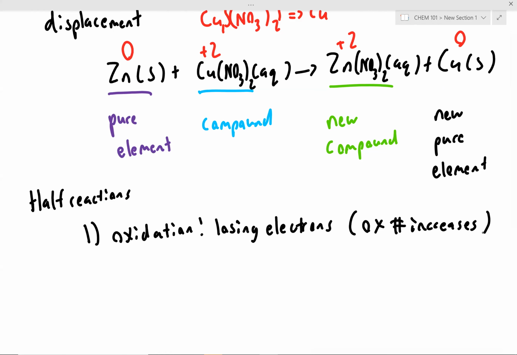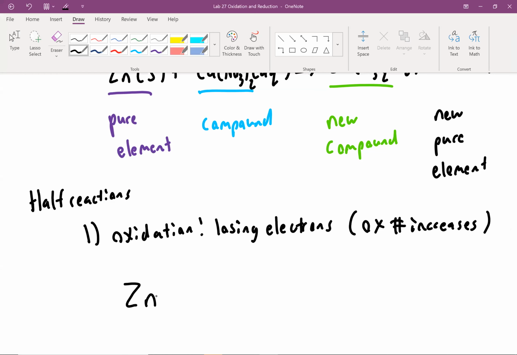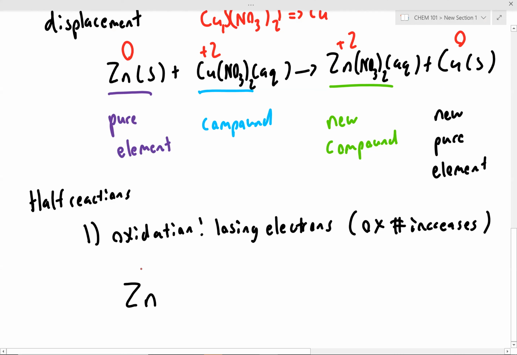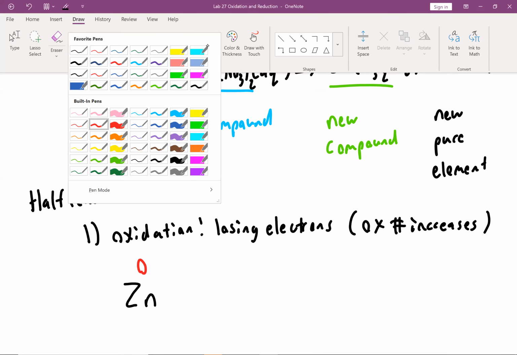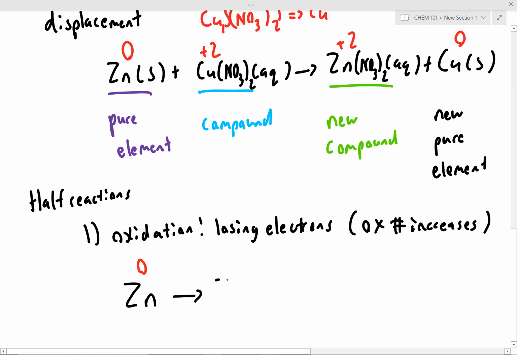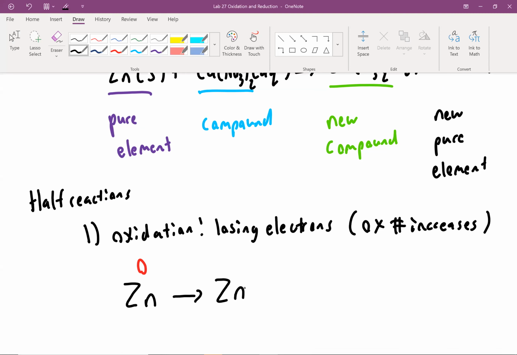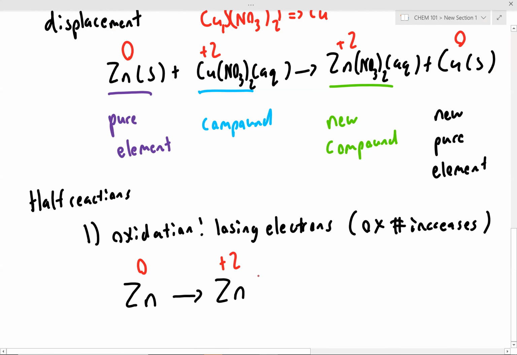Zinc, exactly. So if we take a look at zinc, fundamentally, we went from zinc 0 to zinc 2+. Okay, now if we go from an oxidation number of 0 to +2, how many electrons have we lost?